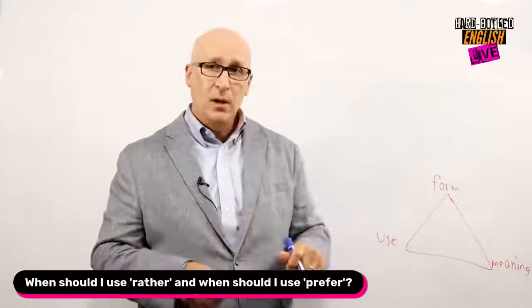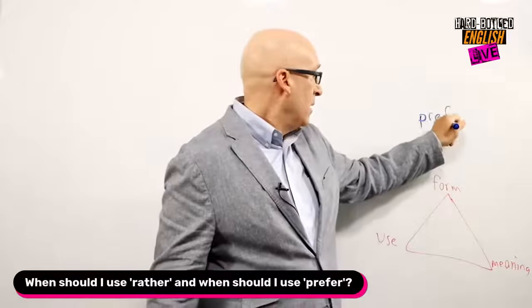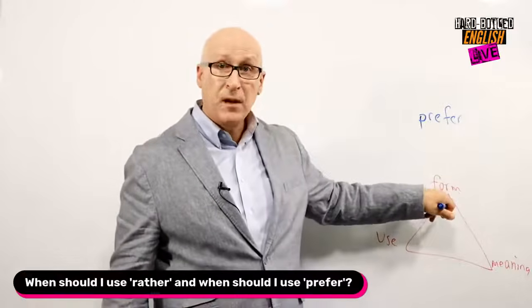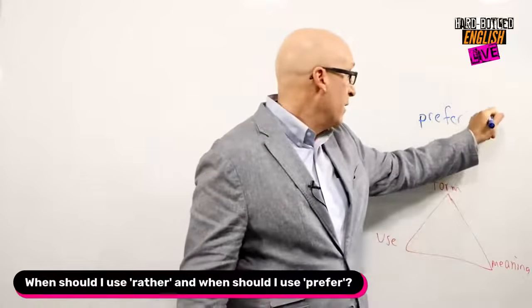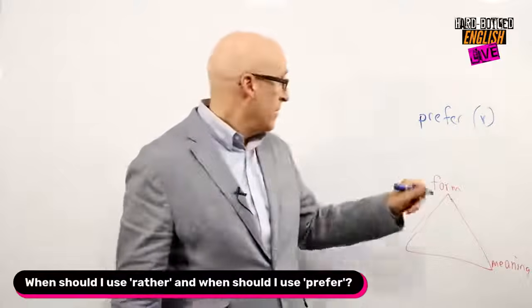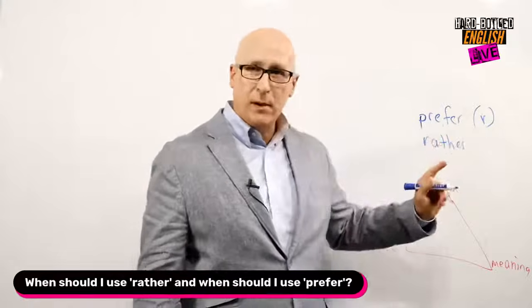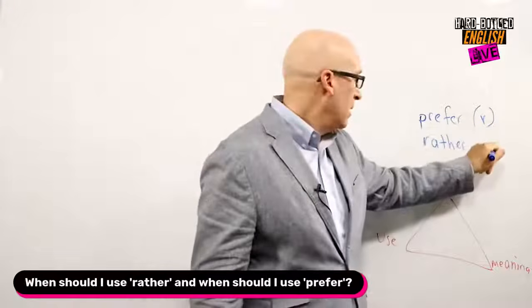And now, for example, the word prefer, let's talk about its form. The form is, prefer is a verb. That's a verb. It's an action. It's something you do. Rather is not a verb. It's an adverb.